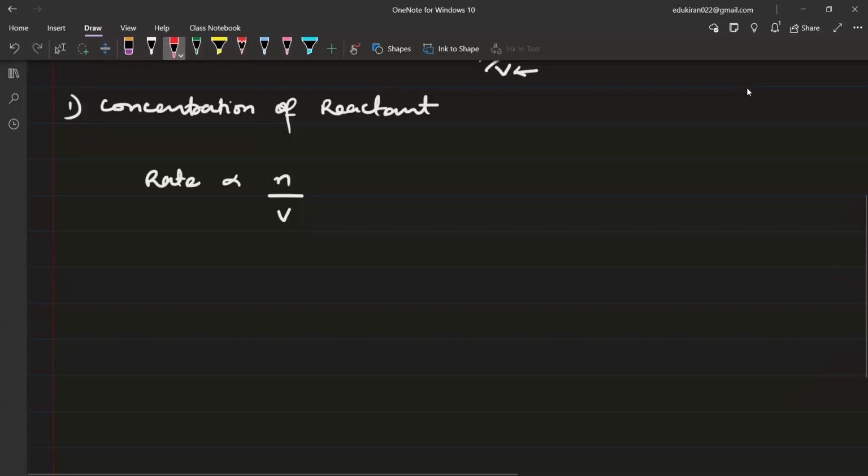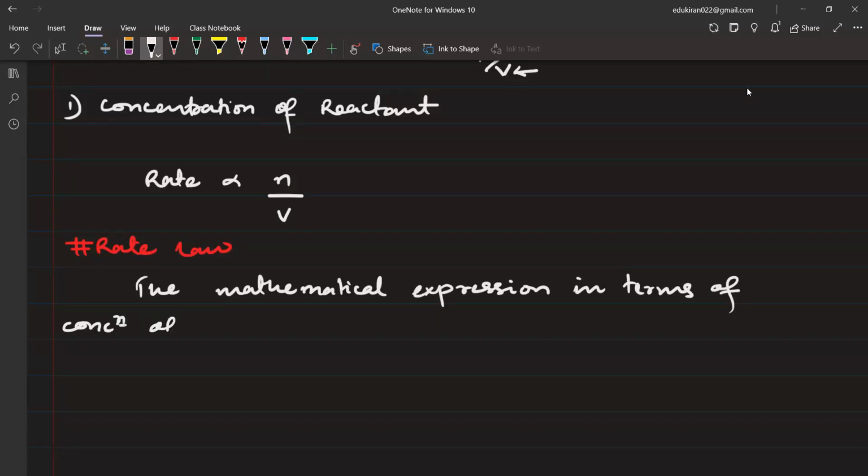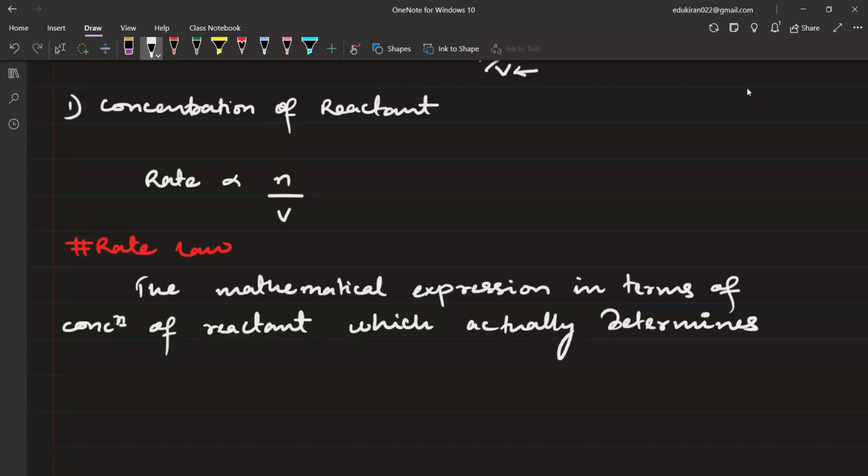Please write: the mathematical expression in terms of concentration of reactant which actually determines the rate of reaction is called rate law expression.